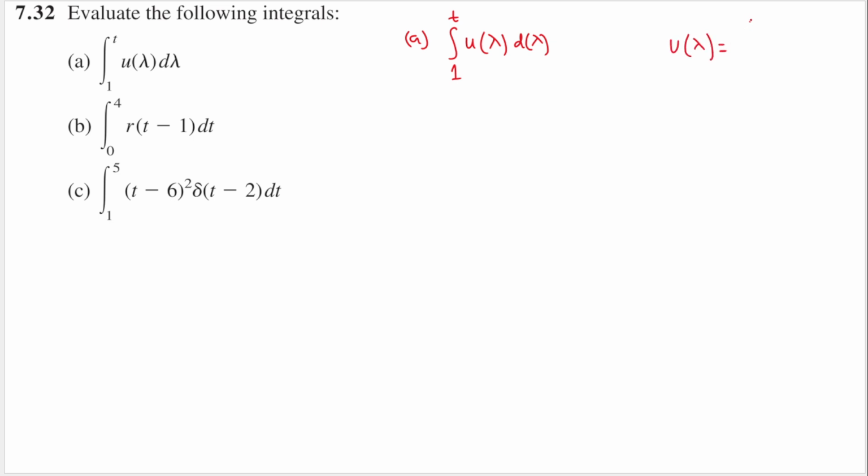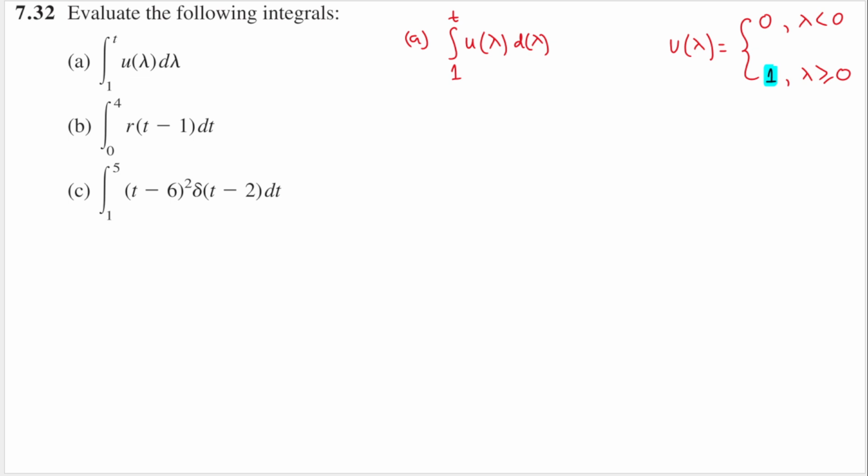u(lambda) is actually a piecewise function here. It will be 0 when lambda is less than 0, or 1 if lambda is greater than or equal to 0. Because the integration limit is 1 until t, with the assumption that t is greater than 1, we just use this part here.